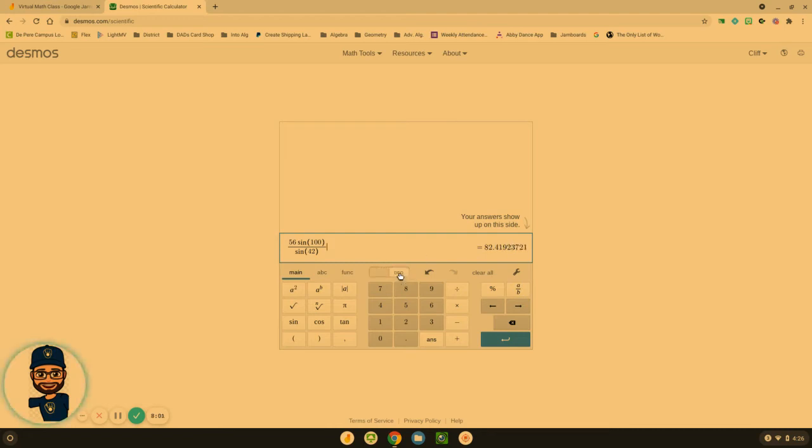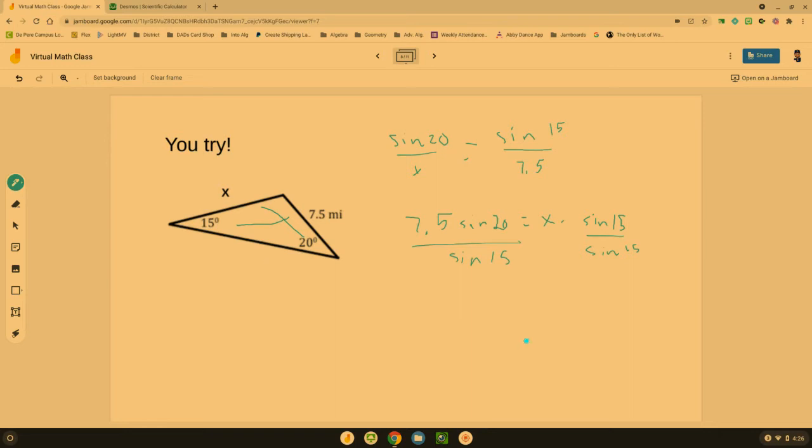We want to make sure that degree is highlighted. I did notice on the last test that a few of you did have radians. So it was 7.5 times the sine of 20 all over the sine of 15. 9.91.